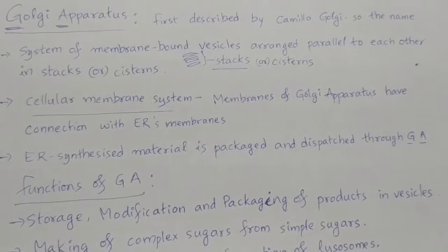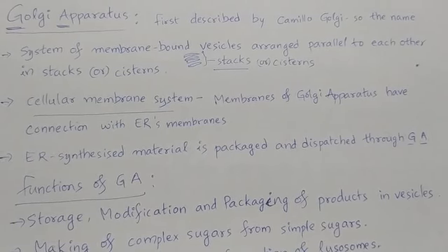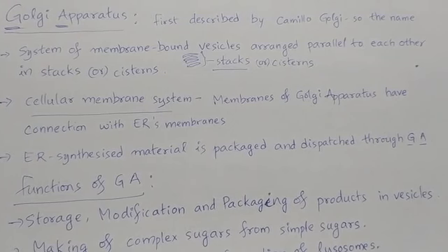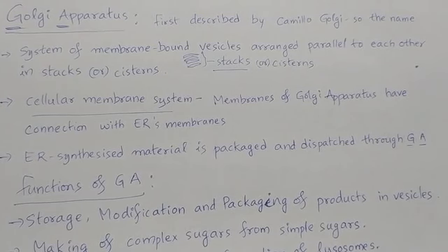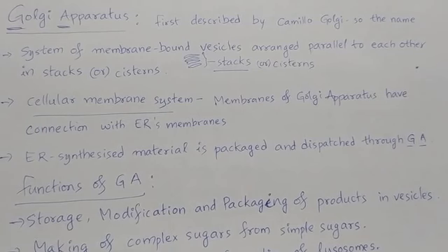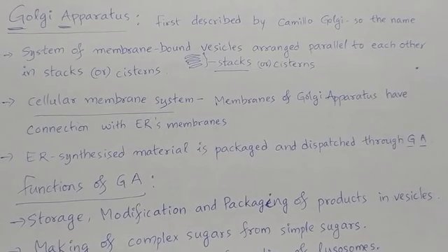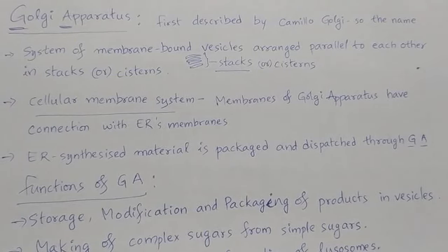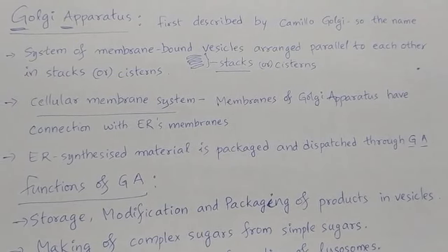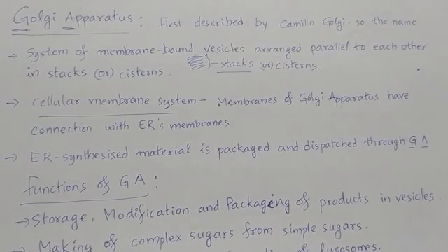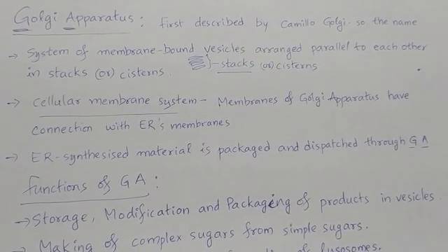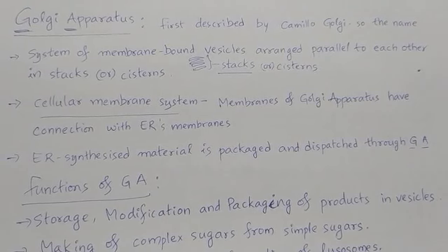Cellular membrane system. There are membranes in Golgi apparatus. There are membranes in endoplasmic reticulum. The membranes of Golgi apparatus and the membranes of endoplasmic reticulum have connections with each other and form the cellular membrane system.